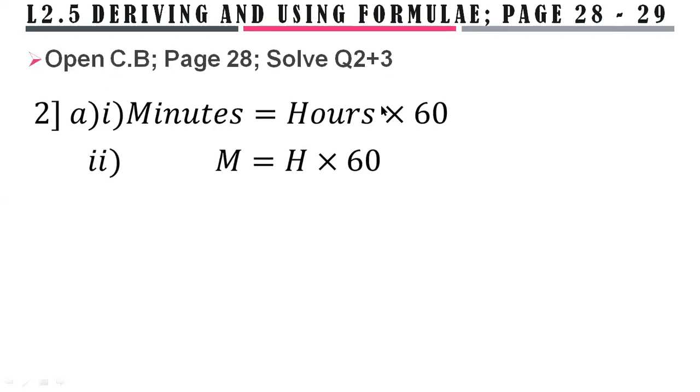Nur, can you do B? Yes. Okay. Use your formula in part A to work out the number of minutes in 5 hours. Minutes equals 5 multiply 60, which is? 300.